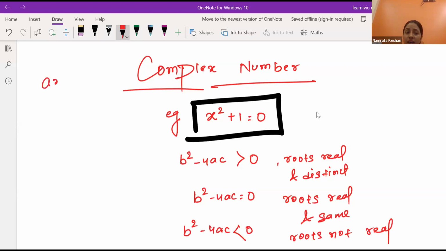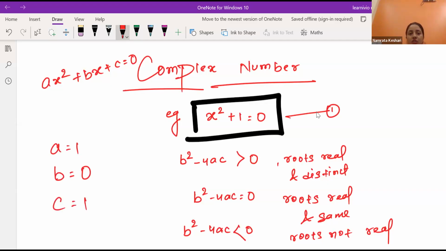I mean ax square plus bx plus c is equals to 0. With that standard form, you have to compare your equation number 1. Can you tell me what is a, what is b, what is c? A is 1, fine. B is 0, and C is 1. Perfect.